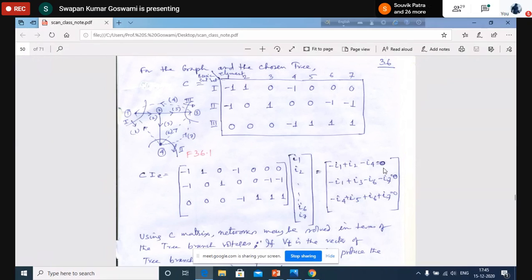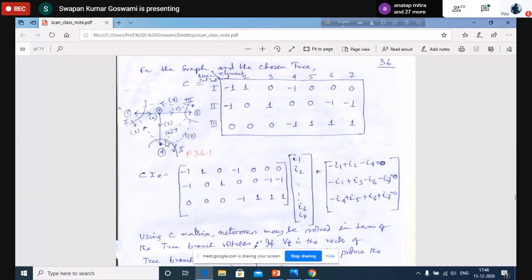So this is 0. Then cut set 2 currents here: I1, I3, I6, I7. Currents in element 1, element 3, element 6, and element 7. So minus I1. Why minus? Because you see that the direction of the cut set, element 1 current is opposing. That's why minus I1. Then plus I3, element direction and cut set direction, they are same.